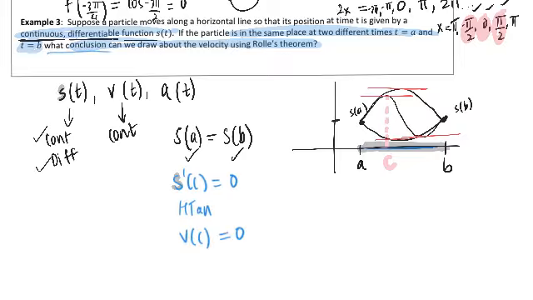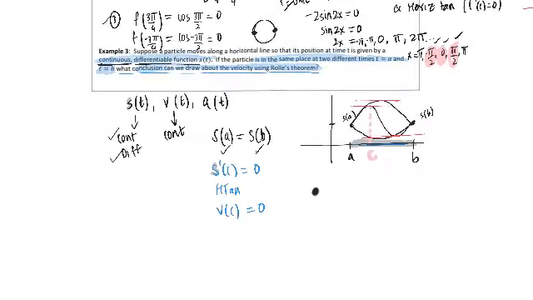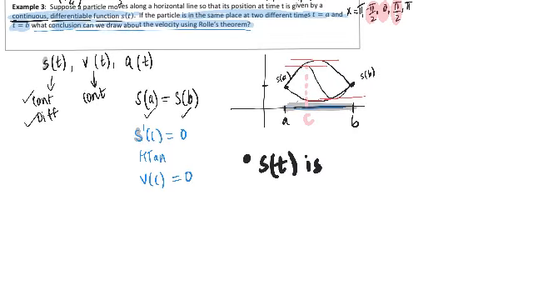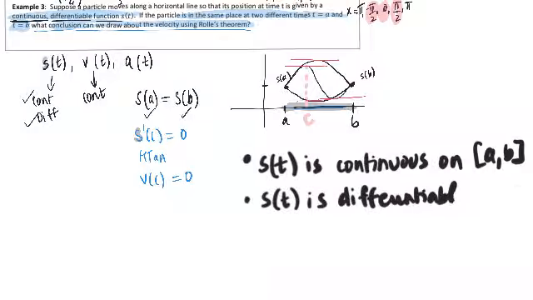It said, what conclusion can we draw about the velocity using Rolle's theorem? And we would have to say, let's say it carefully, first of all, that S of t is continuous. Every time you apply a theorem, you have to establish that you are justified in applying the theorem, right? So S of t is continuous on [A, B], S of t is differentiable on (A, B), and S of A is equal to S of B, right?